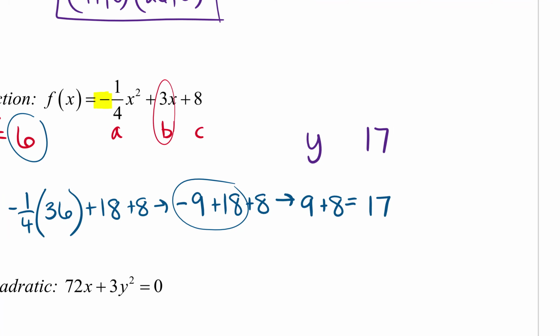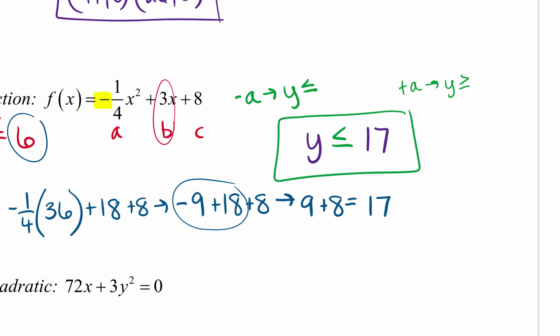Because a is negative, so if I have a negative a, I'm going to have y is less than. If I have a positive a, I'm going to have y is greater than. So that might be something you can write down, because depending on what question you get on the test, you'll have to do one or the other. There are both on there, so be careful. So in this one, because a is negative, I'm going to have y is less than or equal to 17, and that's my answer.